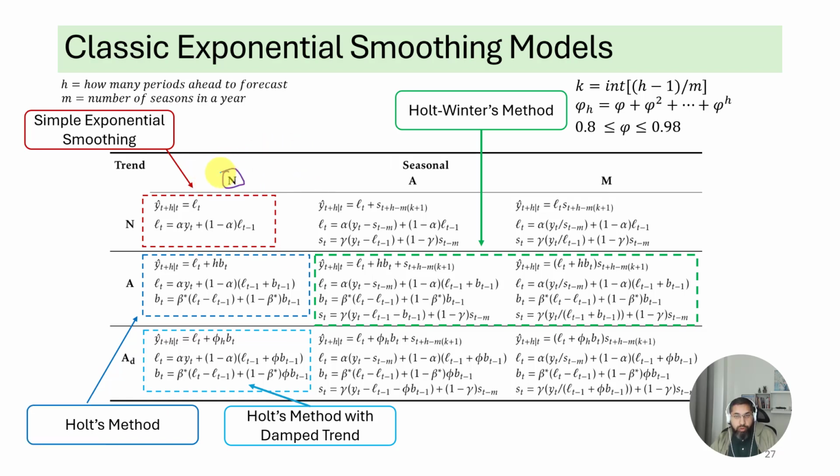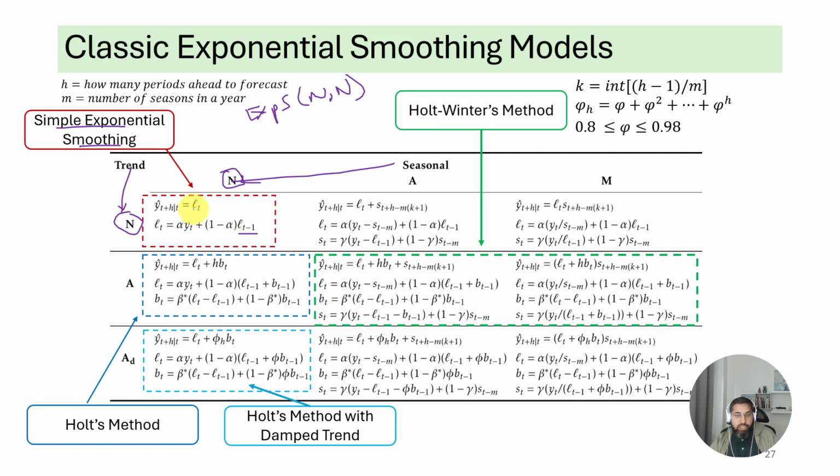When you have no trend and you have no seasonality, NN, this will be exponential smoothing, EXP smoothing NN. That's your simple exponential smoothing you have already covered in some operations course, where you just take y hat of t plus 1 equals alpha times y of t plus 1 minus alpha times the previous forecast.